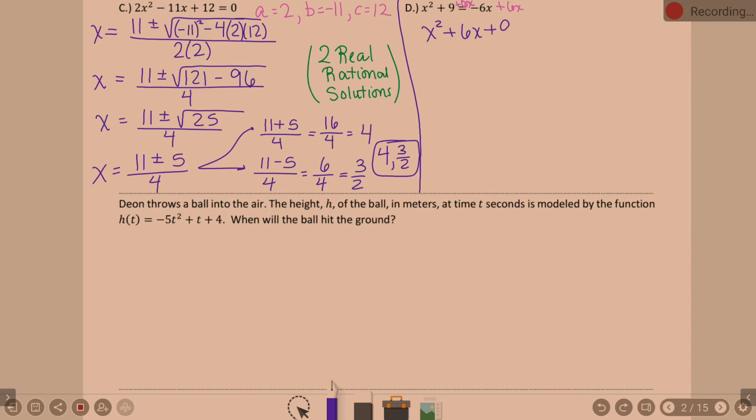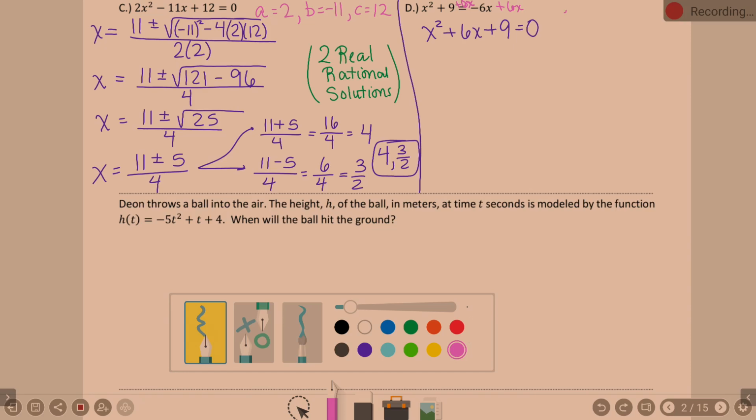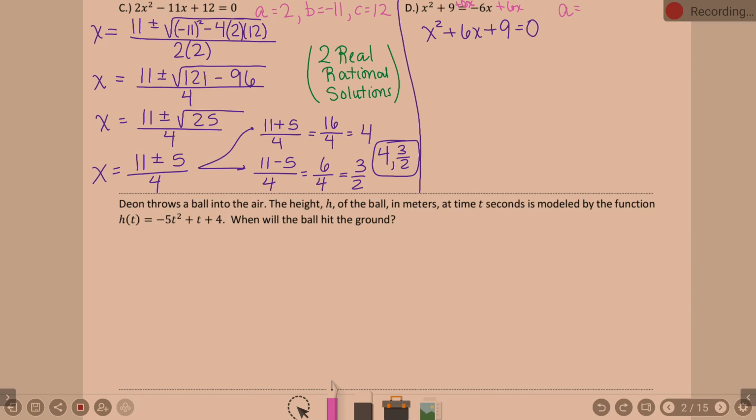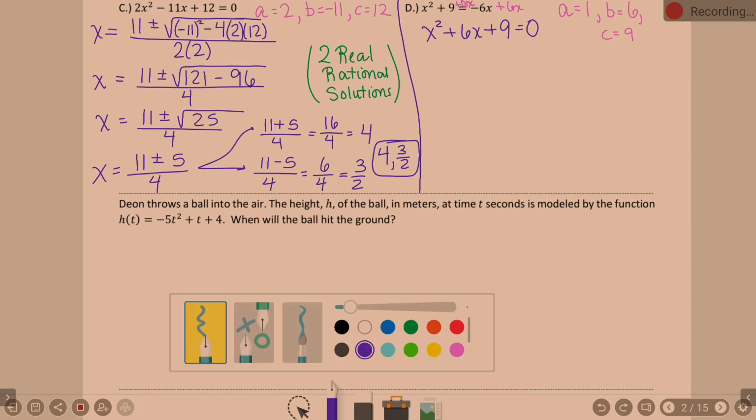Okay, notice the order. X squared plus 6x plus 9 equals 0, keeping x squared, x, constant, right? Okay. Write down your ABCs if you want them. A is 1, B is 6, and C is 9. Okay. Fill it in.